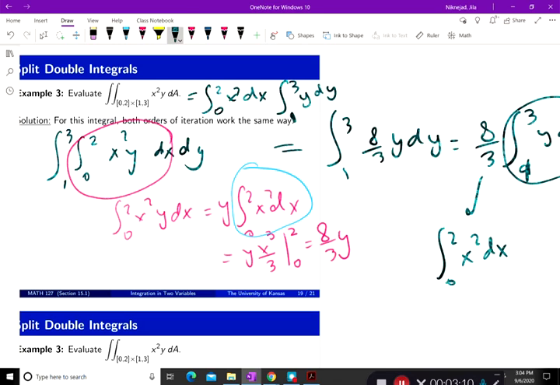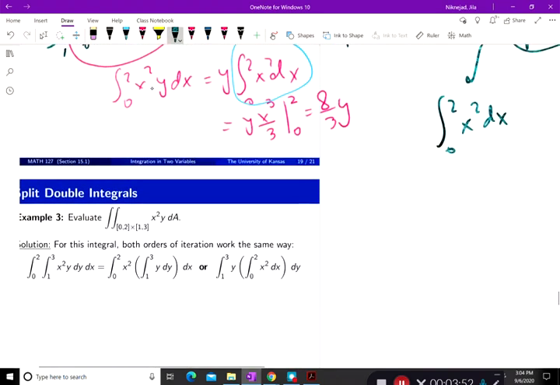In that specific case, with rectangular regions, you can separate them as a product of the two integrals. In other cases, most likely this is not possible. You only can do this with extra knowledge, and that extra knowledge here is that the function is a function of x only times a function of y only. It would have worked with the other iteration of the integrals too, but that's how it works with this iteration.